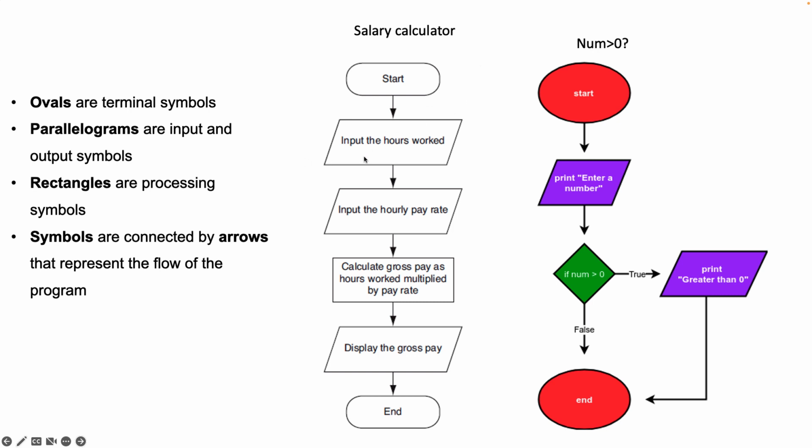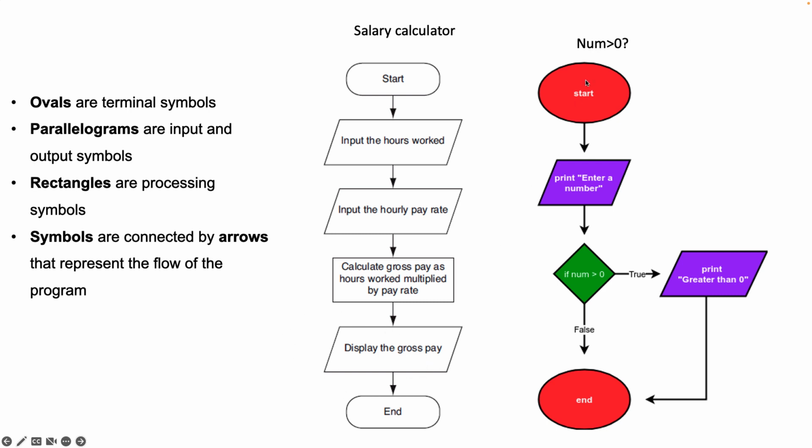For instance, we need to input the hours and input the hourly rate. We also have processes as rectangles, so calculate the total pay. And finally, we have the same parallelograms to show the output of the program.